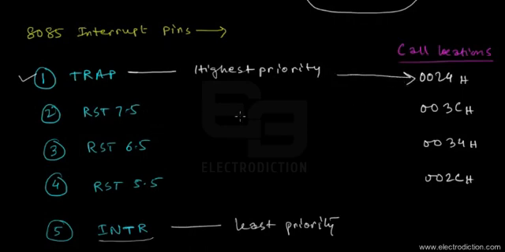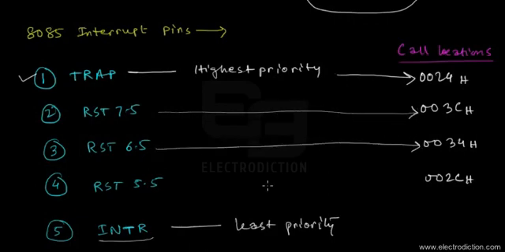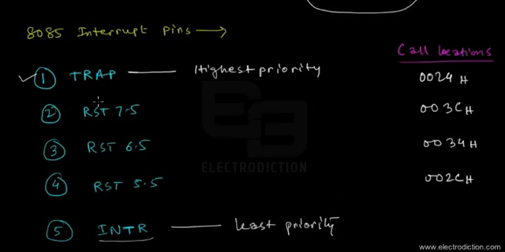For RST 7.5, it is the memory location 003C. For 6.5, 0034, and for 5.5 it is 002CH correspondingly.